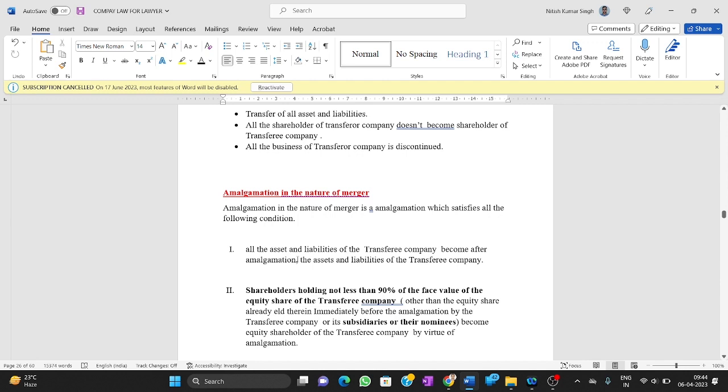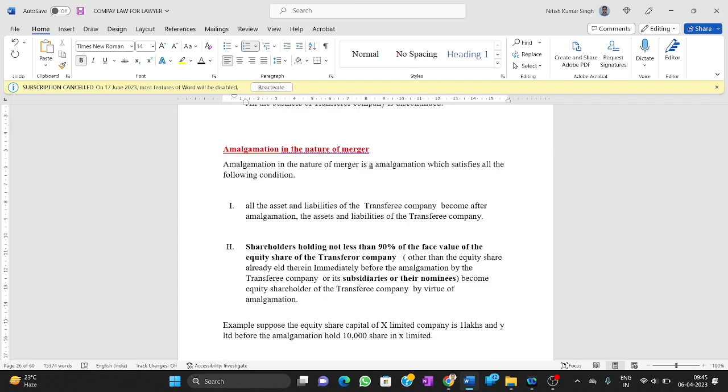The first condition is all the assets and liabilities of the transferor company will be transferred to the transferee company. Second, the shareholders holding not less than 90% of the face value of the equity shares of the transferor company become the equity shareholders of the transferee company by virtue of amalgamation.